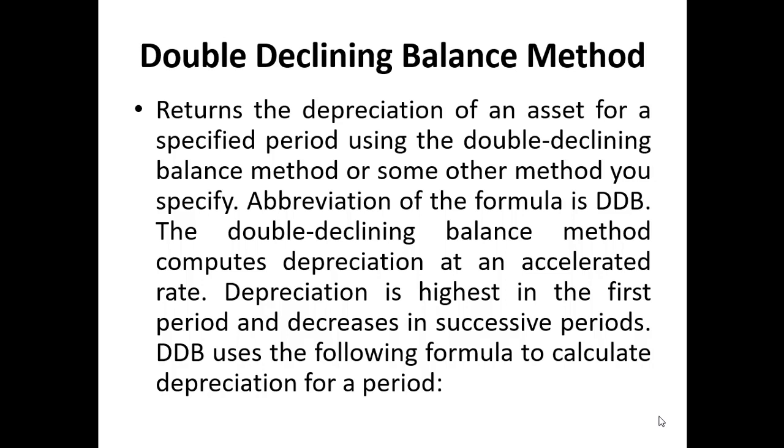The double declining balance method computes depreciation at an accelerated rate. Compared to the straight line method, here you would see the depreciation is taken at double the rate. For example, when you take a particular scenario, by referring to the cost information, the residual value and the useful life information, you would be able to figure out the straight line depreciation rate.